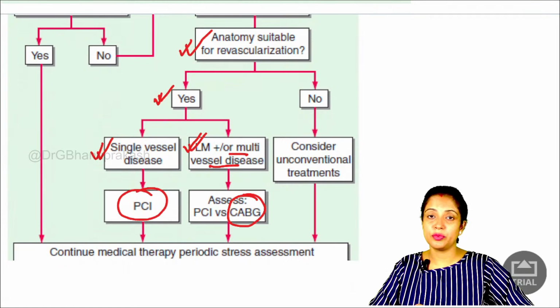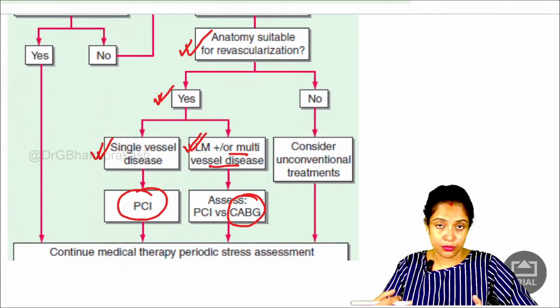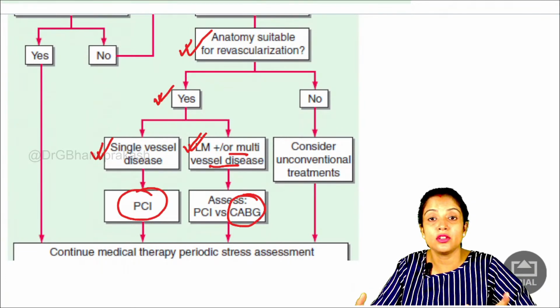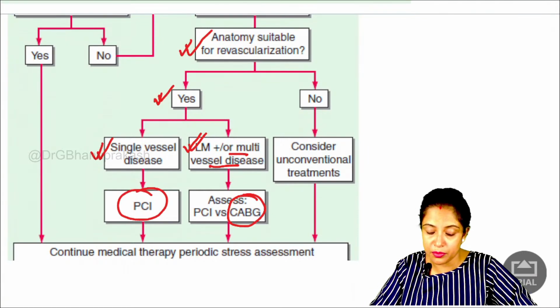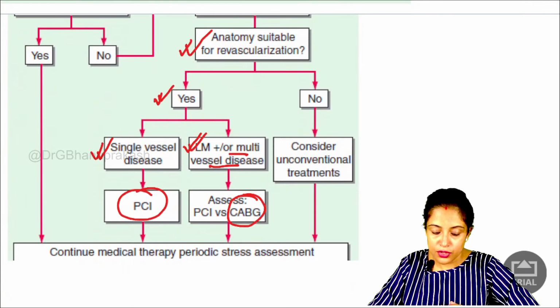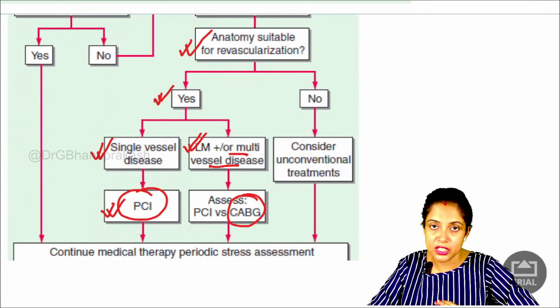There has always been confusion about which one is better, PCI or CABG, and when you should advise which. These are important. So single vessel disease, advise PCI; multi-vessel disease or left main disease, advise CABG.